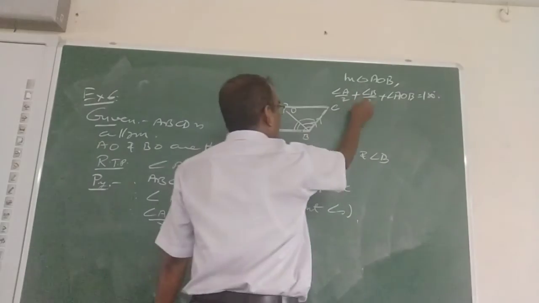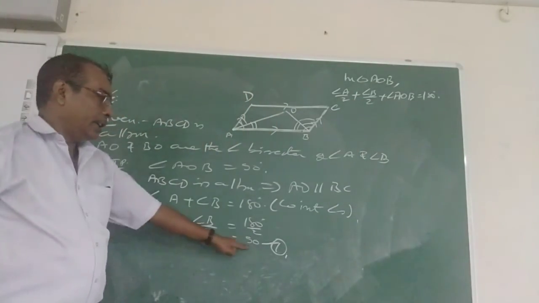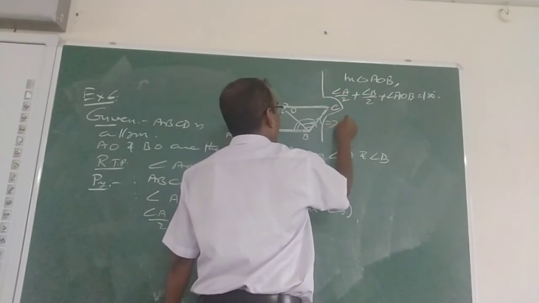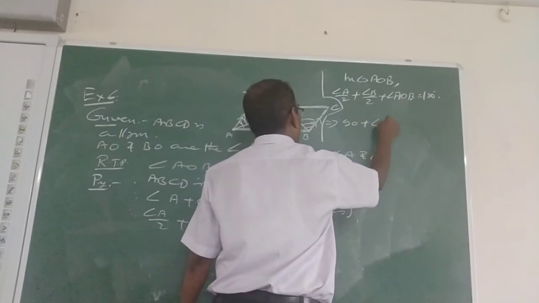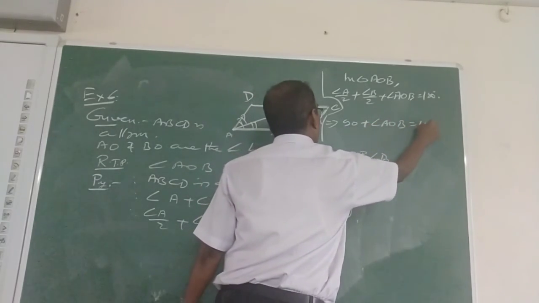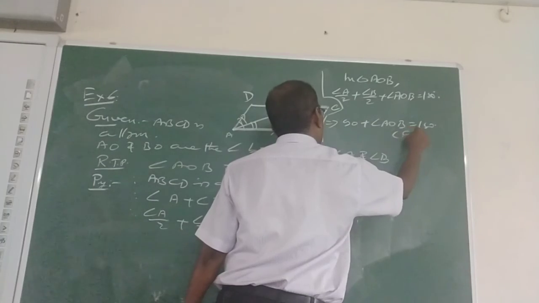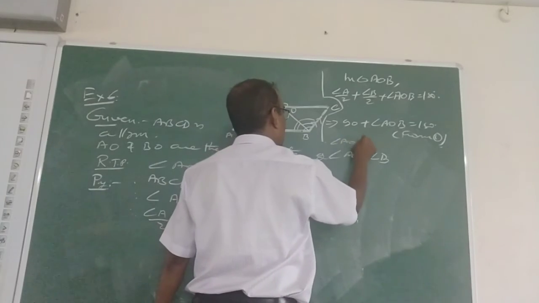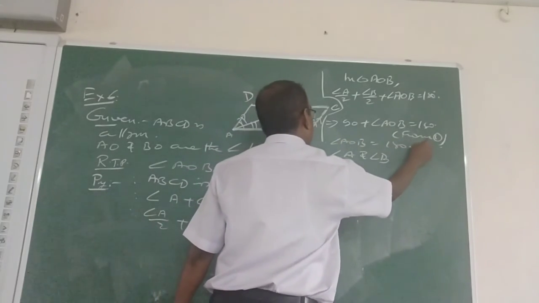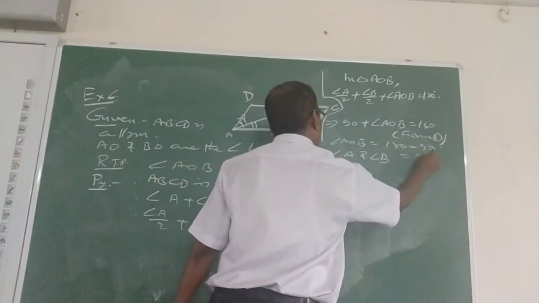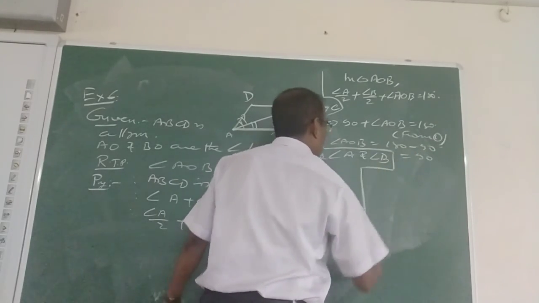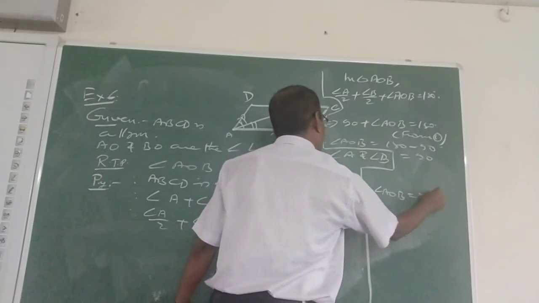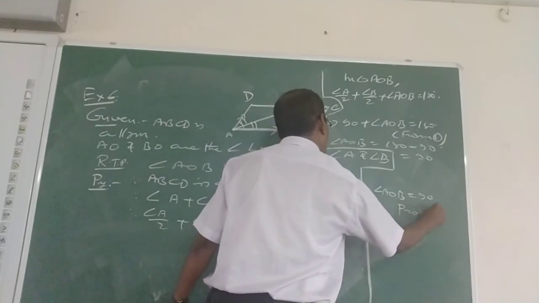Angle A by 2 plus angle B by 2 is 90 degrees, from equation 1. So 90 degrees plus angle AOB is equal to 180. Therefore, angle AOB is equal to 180 minus 90, which is 90 degrees. Hence, it is proved.